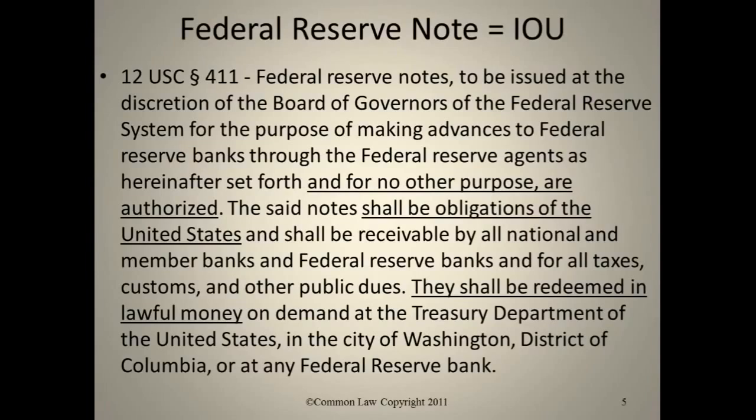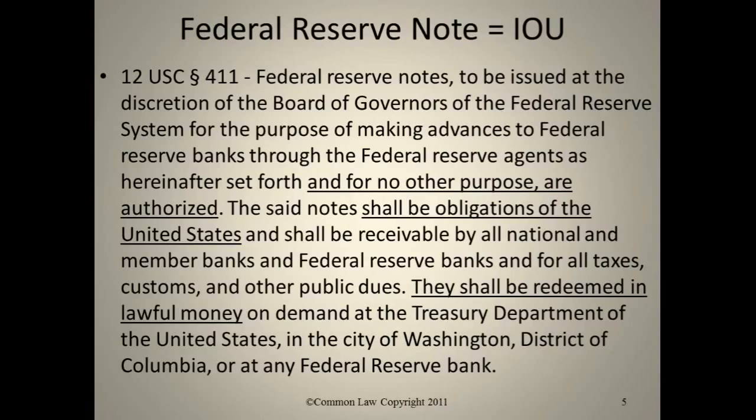Title 12, Section 411 says Federal Reserve notes to be issued at the discretion of the Board of Governors of the Federal Reserve System for the purpose of making advances to Federal Reserve banks through the Federal Reserve agents as hereinafter set forth, and for no other purpose are authorized. The said note shall be obligation to the United States.